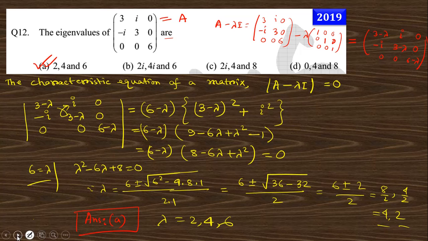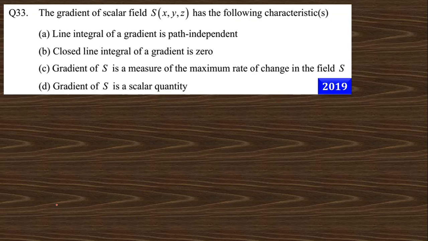Okay. Next question. The gradient of a scalar field has the following characteristics. Option A: the line integral of a gradient is path independent.